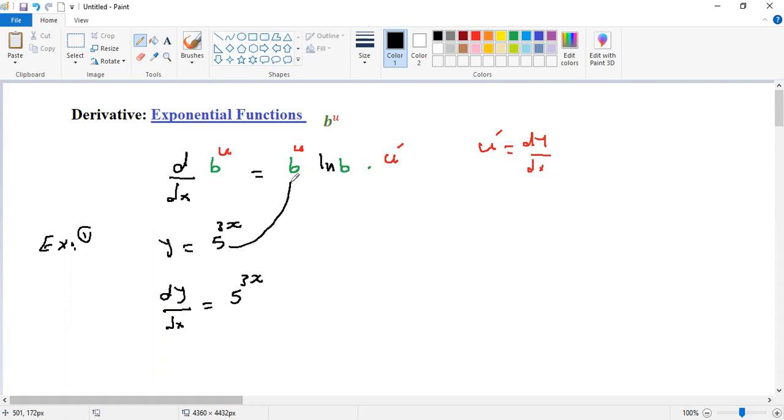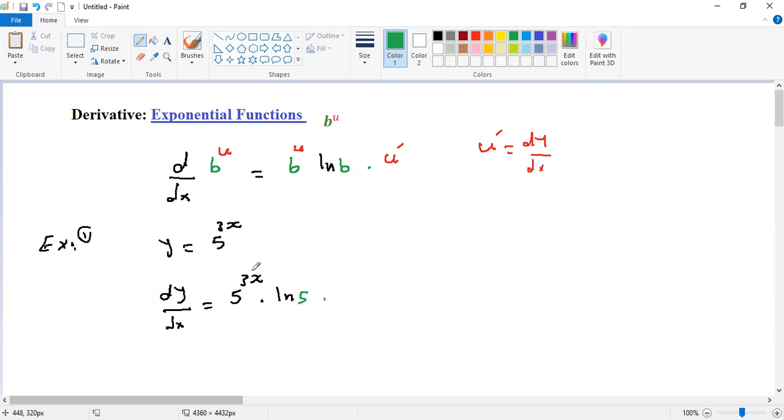Rewrite it, b to the power u, where b is 5 and u is 3x. Now 5 to the power 3x times what? Times ln b.